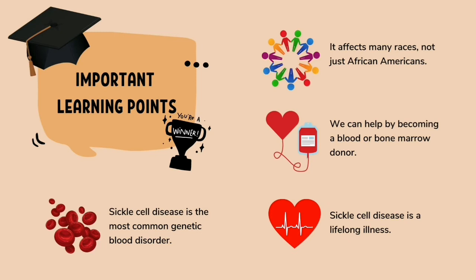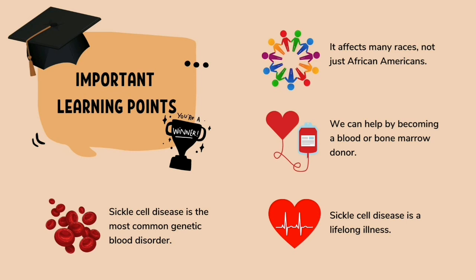Important learning outcomes that we can achieve from researching this disease include, firstly, sickle cell disease is the most common genetic blood disorder. It is a genetic condition that occurs when a child receives a sickle cell trait from each parent.